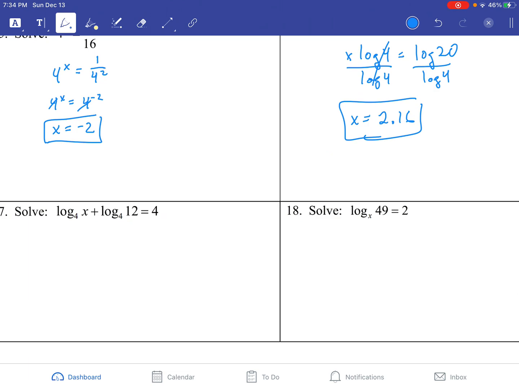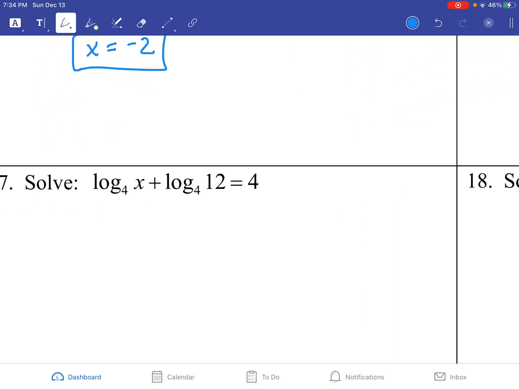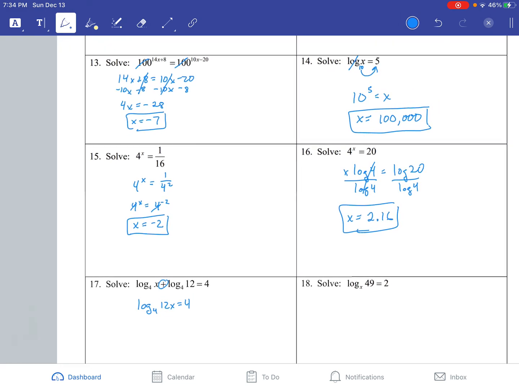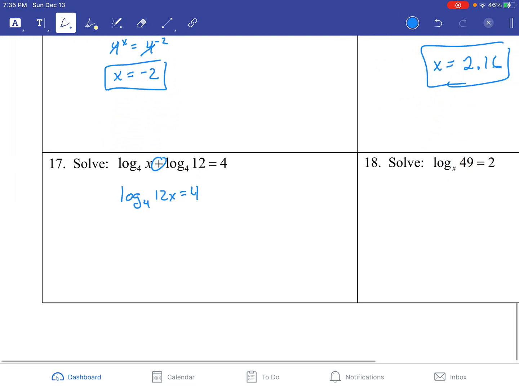Now we have something with logs where it's going to be a combination of stuff. This is a combination of solving logs but also condensing logs. So we have 2 logs that have the same base. Since there's a plus sign in the middle, we're going to multiply. So we have log base 4 of 12x equals 4. Like what we did in question number 14, we're going to smash the log.